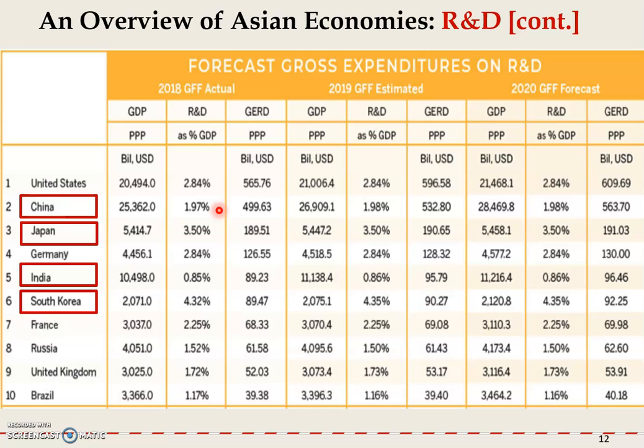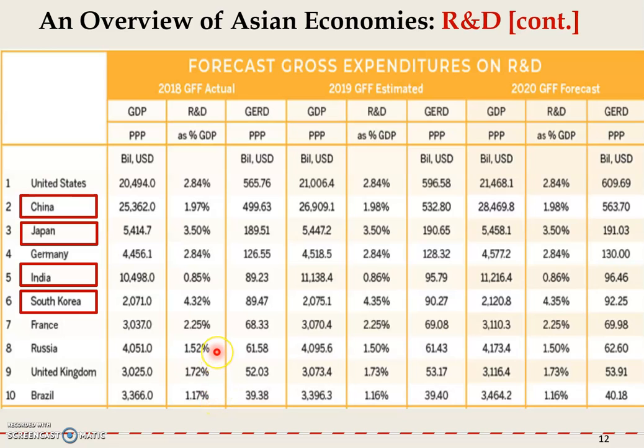As you can see, China and India, the 2 developing Asian economies, their R&D spending for China is nearly 2% of its GDP, and India is 0.85% of its GDP. Both numbers are close or even better than Russia, which is number 8, and Brazil number 10.